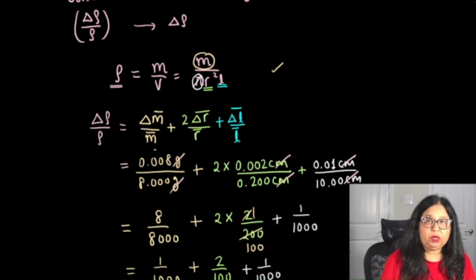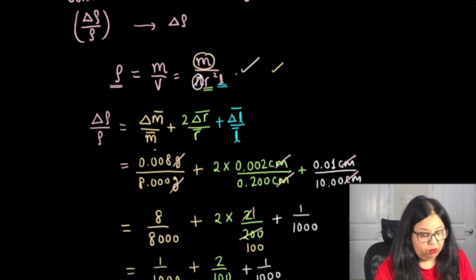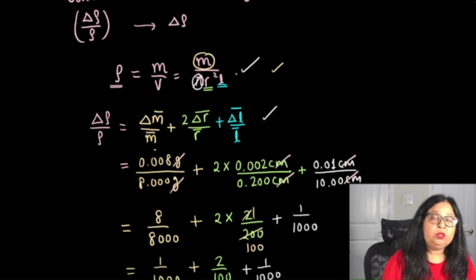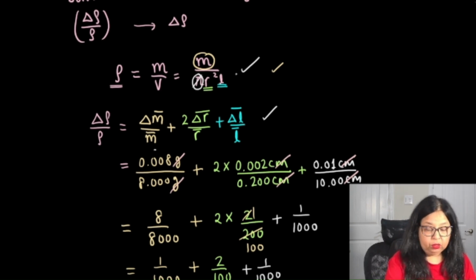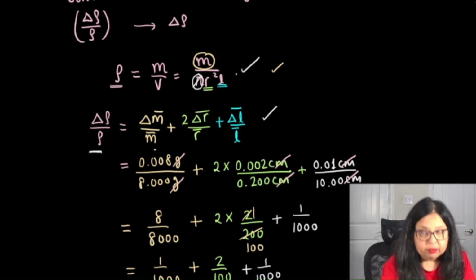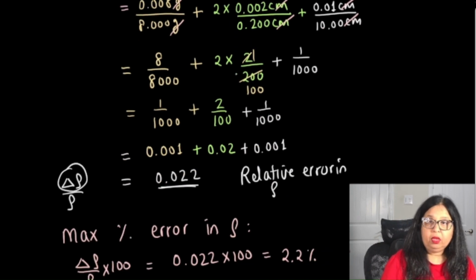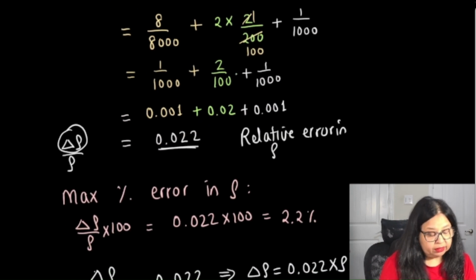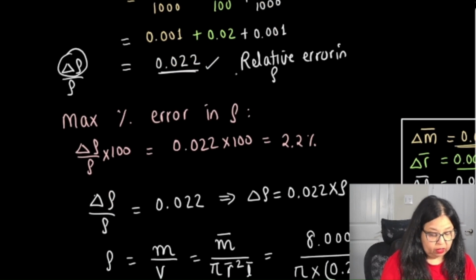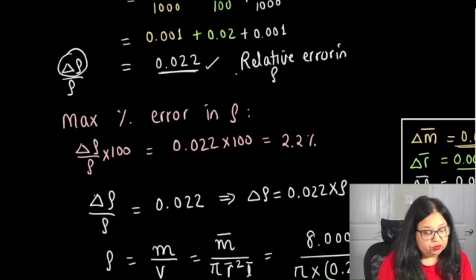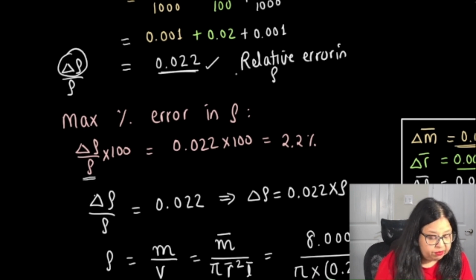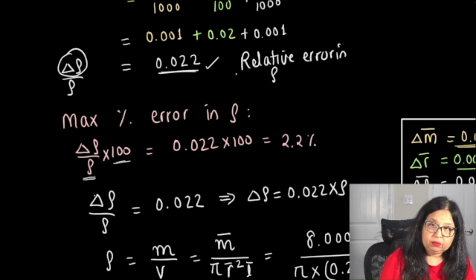The first thing that we did, we wrote down the formula for the density of the wire. From there, we applied the rules of propagation of error to determine the relative error in the density of the wire. Once we know the relative error in the density, we could figure out the maximum percentage error in the density by multiplying the relative error in density by 100.